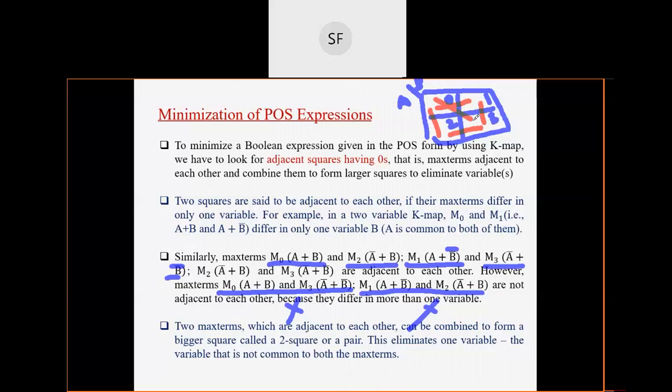This cross, 0 3 and 1 2. You cannot do combinations across the cross. You cannot combine these two cells, 0 3 or 1 2. You cannot combine them. Why? Because they are not adjacent, because both variables are varying. Is it clear?